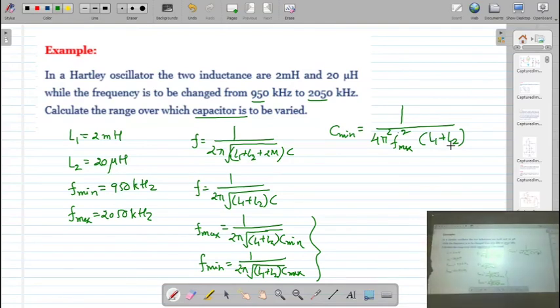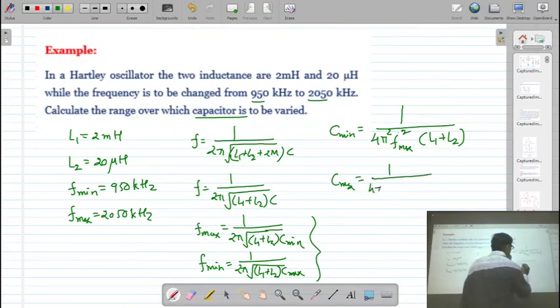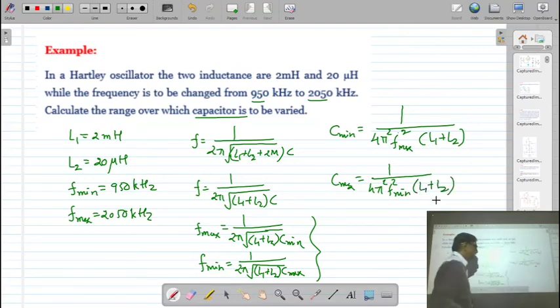Correct? Same way, you can calculate the C maximum, and that is 1 upon 4 pi square f minimum square into (L1 + L2). So using these two formulas, you can calculate the range of a capacitor. Here I am not going to calculate, but I am just giving an idea how to solve the problem.